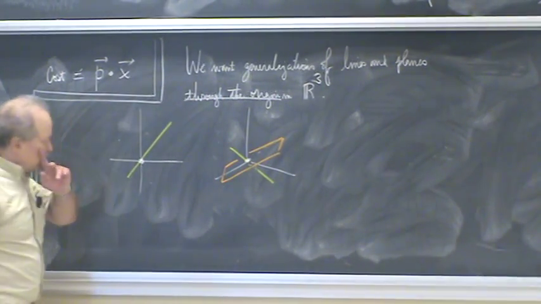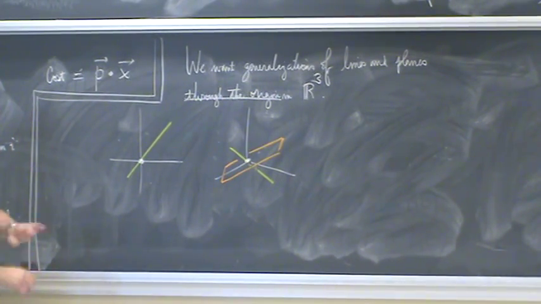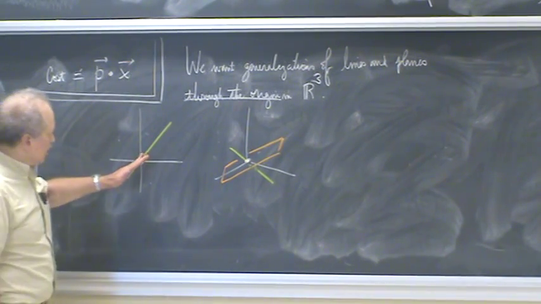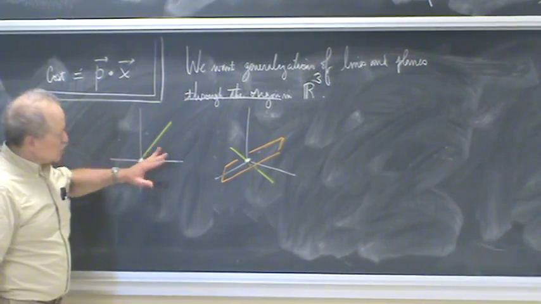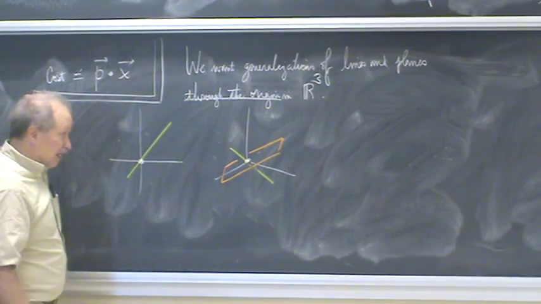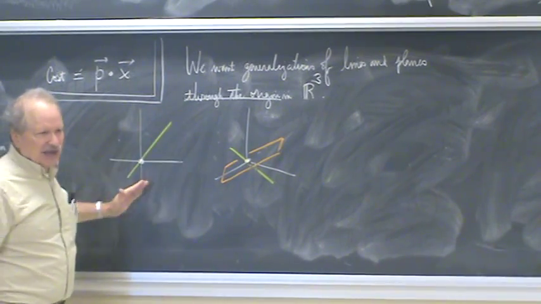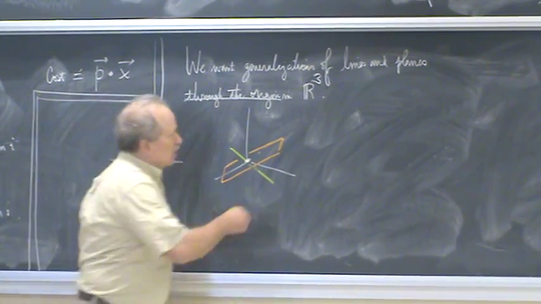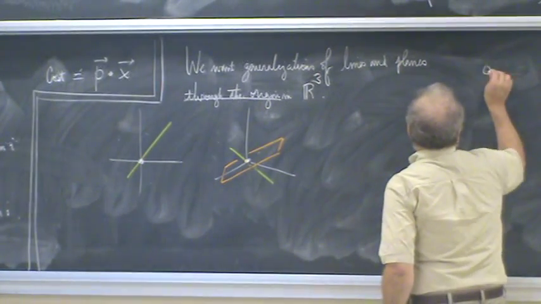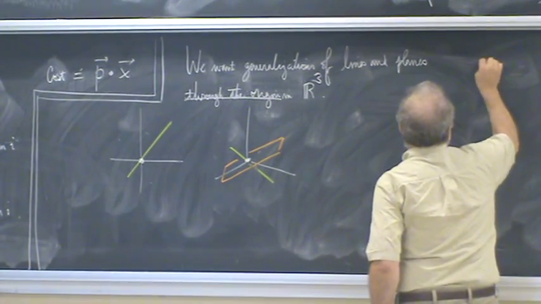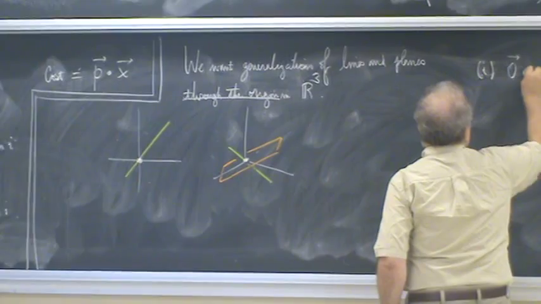Well, I guess it wouldn't be unique if it's going through the origin. So you're right, and that's one way we'll, later in this chapter, talk about the notion of normal vectors. And in fact, I'm going to talk about that later today. But that's not an intrinsic property to being in the line or being in the plane. So the first property is that the zero vector is in such a set.